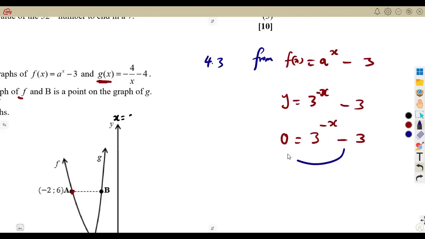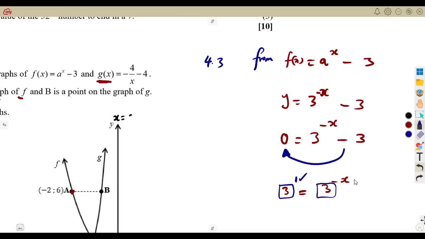All right, let's take the minus 3. It does not affect. To this side, it becomes a positive. So thus 3 is equal to 3 to the exponent of minus x. How do we find x? Because we need to determine x there. If we check properly, we can see that these bases are the same. We know that if the bases are the same, the exponents are supposed to be equal also.